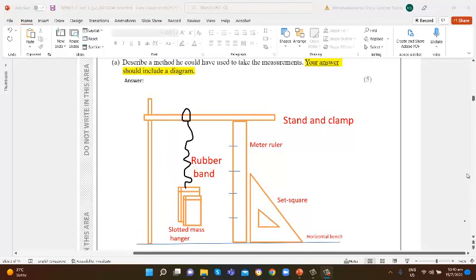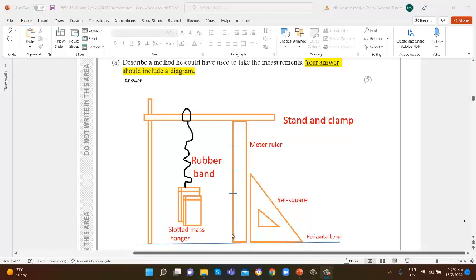First, see, the rubber band is attached by a clip. The free end of the rubber band is attached to the slotted mass hanger. It's hanging. Obviously there should be a meter ruler.